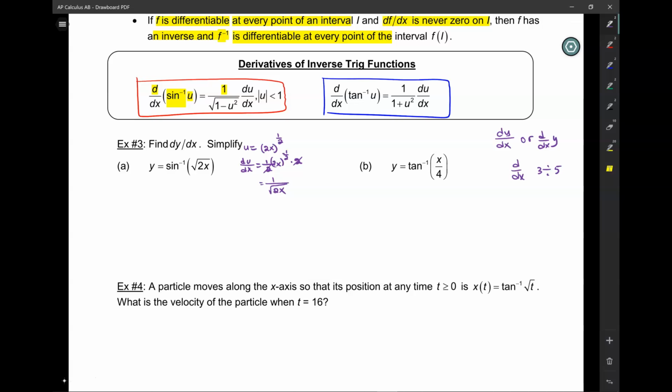Okay, so y prime here is going to be 1 over the square root of 1 minus root 2x squared, times u prime, which is 1 over root 2x.